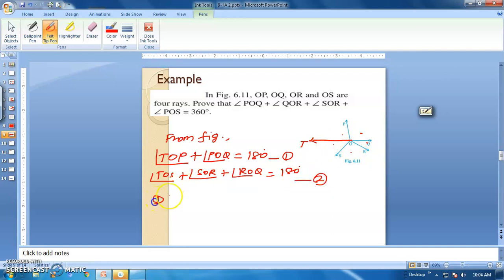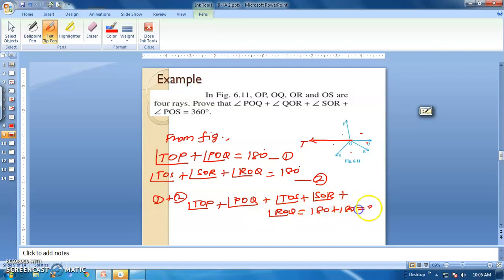Angle TOP plus angle POQ plus angle TOS plus angle SOR plus angle ROQ equal to 180 plus 180, equal to 360 degrees. I am adding the left hand side and right hand side separately.